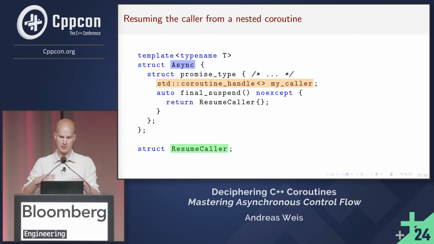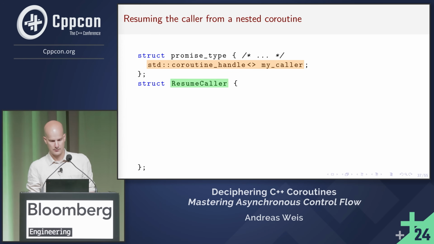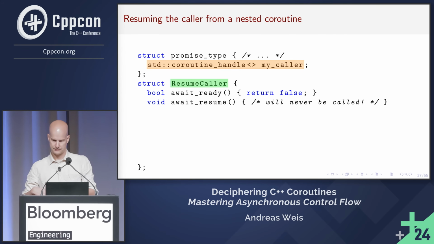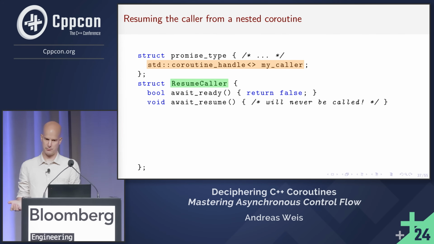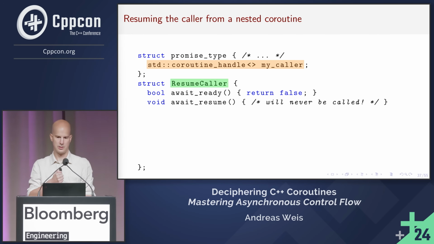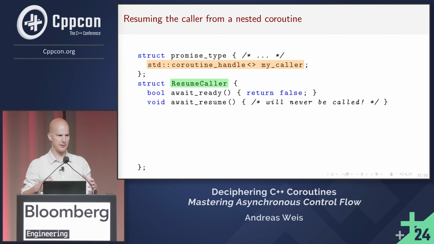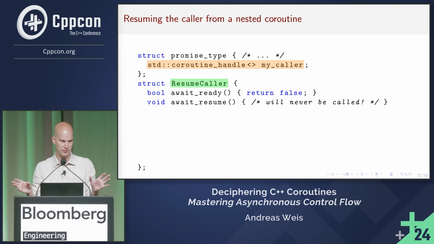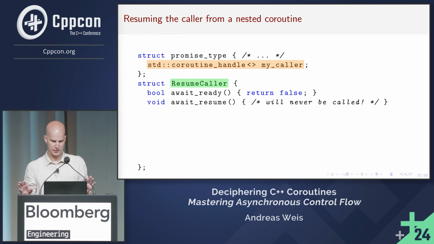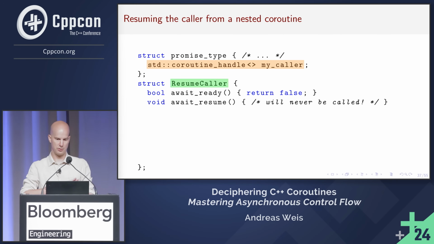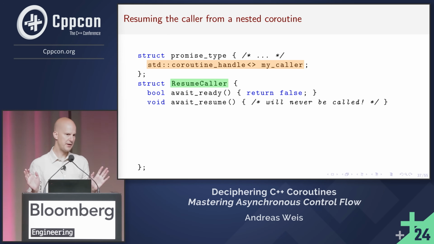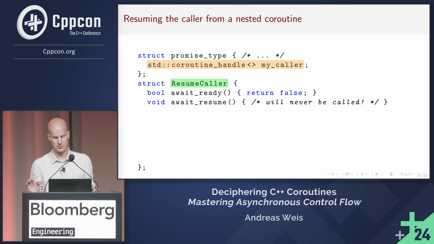And I want that awaitable to somehow resume my caller. So how can that look? Well, await ready will always return false, because I don't want to continue executing this inner async task. It has done all of its work. I want it to go into suspension indefinitely, so await resume will never be called. I don't need to do anything there.